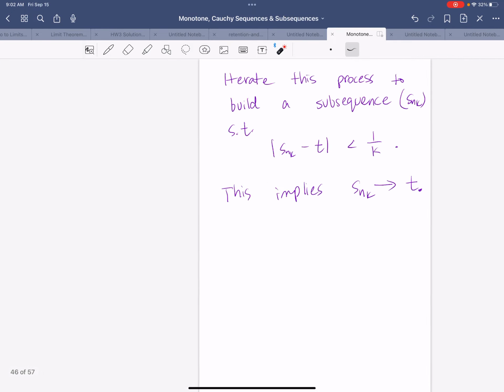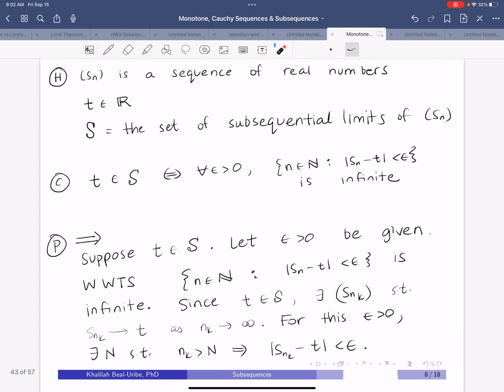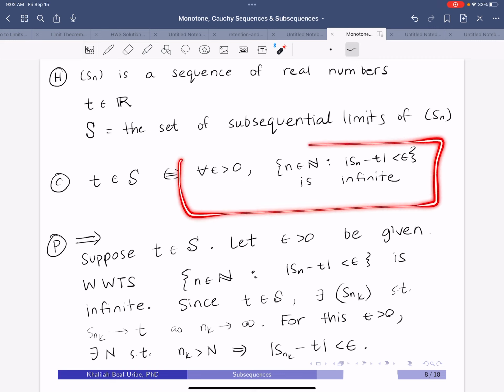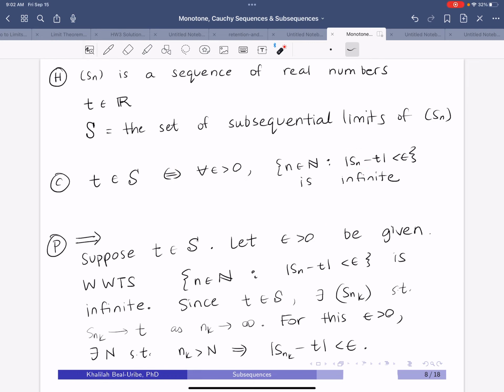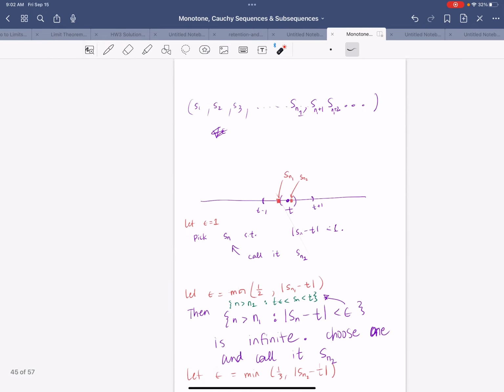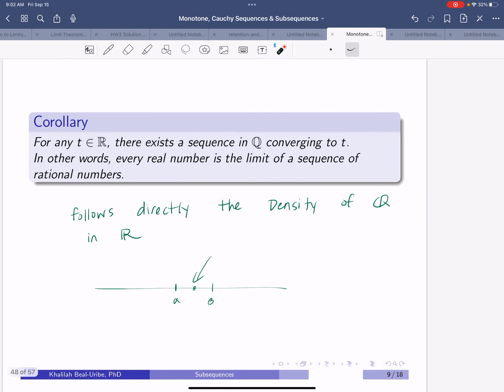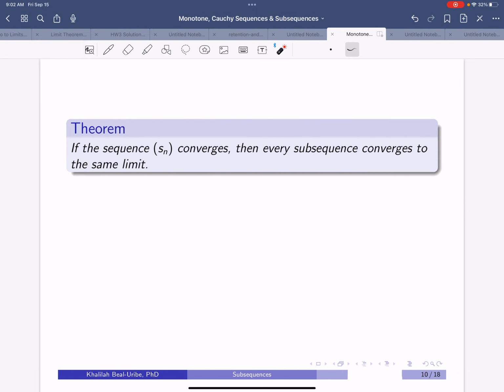Therefore, every real number satisfies this: if you're doing an enumeration of Q, there will be infinitely many elements of Q in any epsilon neighborhood of t.